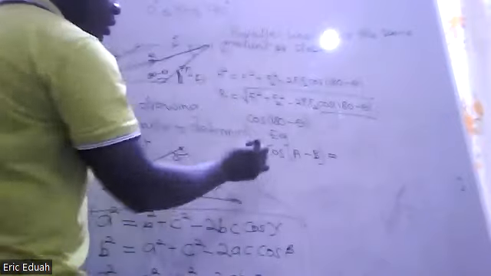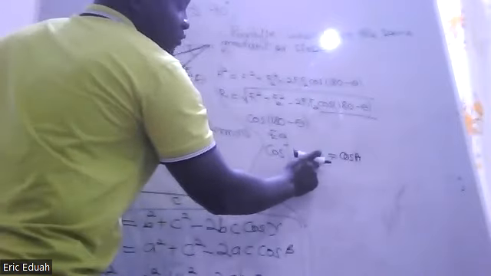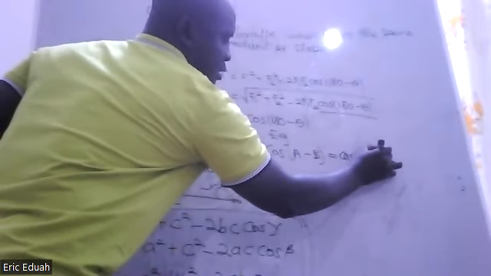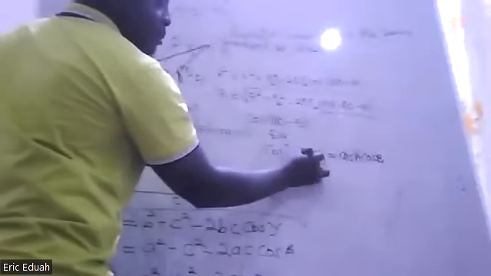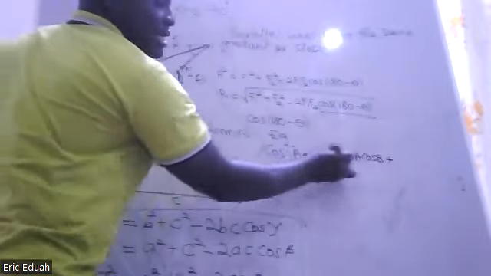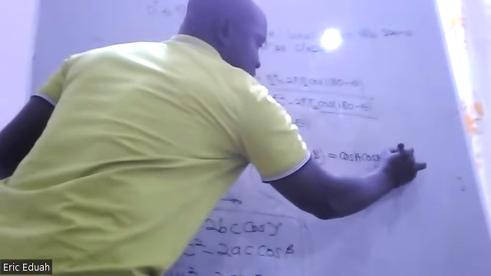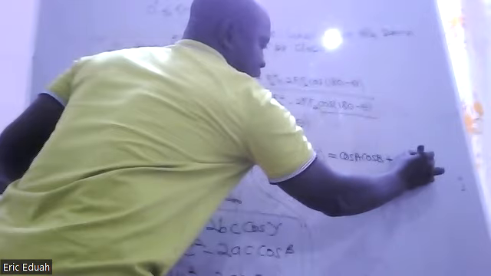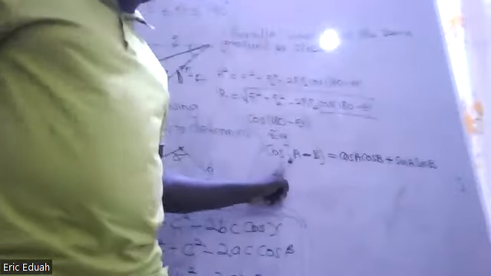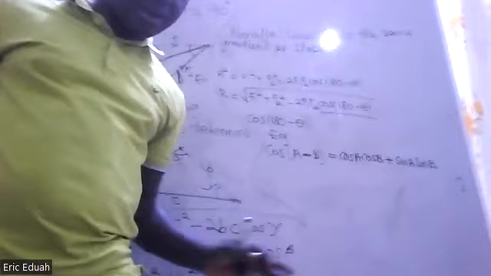This is equal to the cos of A times the cos of B. What is here is minus, so it changes to plus. If you have minus here, it will be plus. If you have plus here, it will be minus. So plus sine A times sine B. This is the expansion for cosine of compound angles.